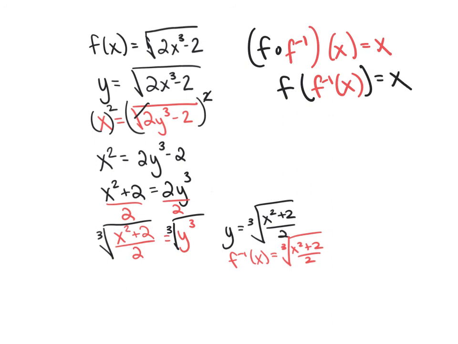So f is the square root of 2, and remember, I have this right here. I'm going to plug in that f inverse function in a second. Make that bigger. Cubed minus 2. So inside of there, I'm going to plug in the cube root of x squared plus 2 over 2.